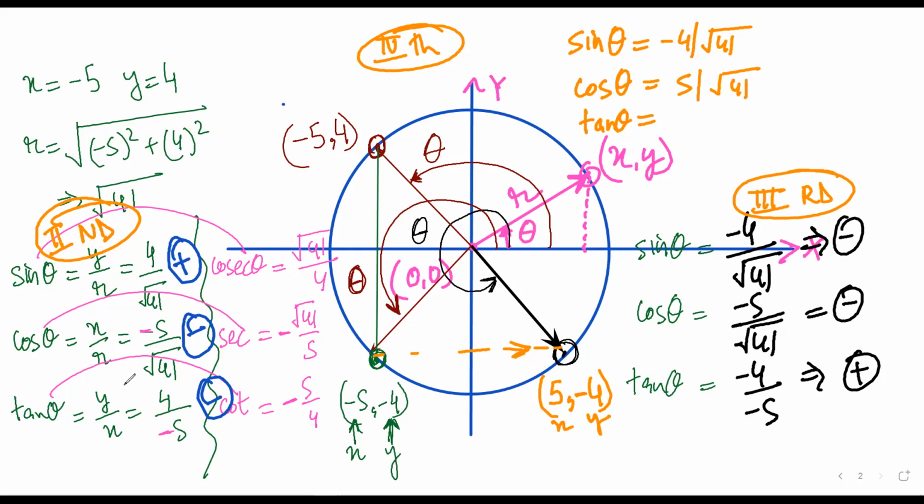Tan is y upon x, minus 4 upon 5. Now, if you see the signs, your sine is negative, your cos is positive, and your tan is negative. Do you see this?